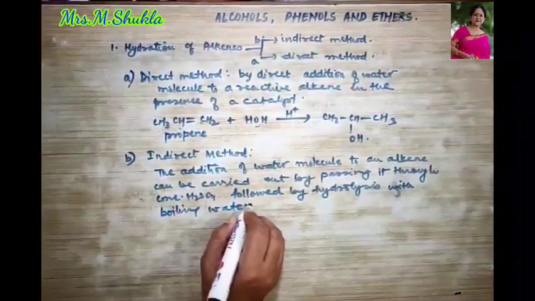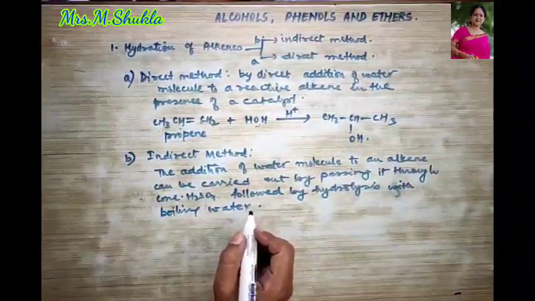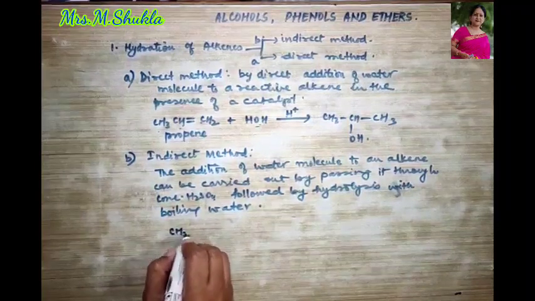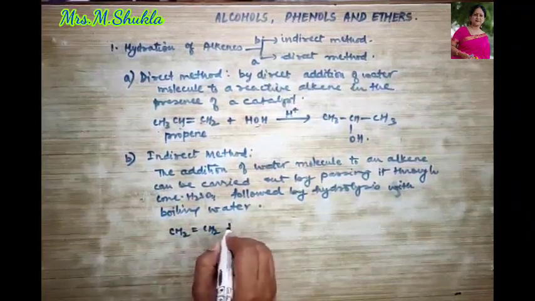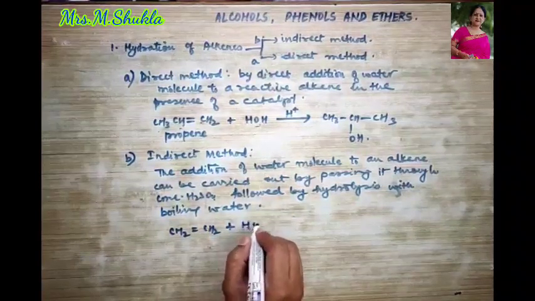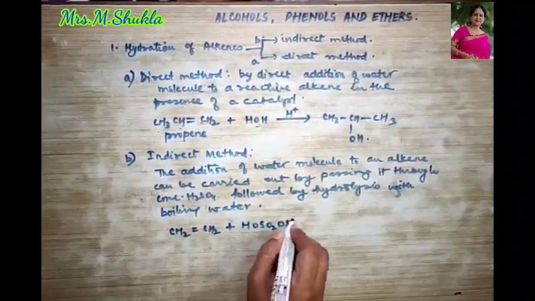Okay, so let's look at the reaction. If we take ethene, CH2=CH2, and we take sulfuric acid. Sulfuric acid can be written as HOSO2OH.